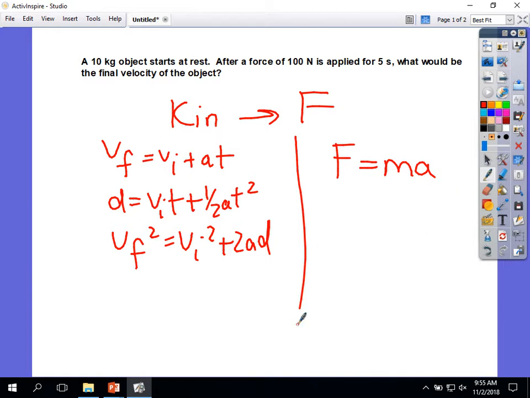So if I look at these two sides, what is the only variable that shows up in both kinematics and in force? That would be acceleration. The connecting factor between the two is acceleration, all right?